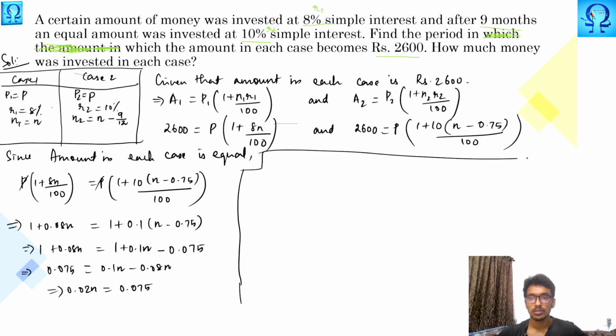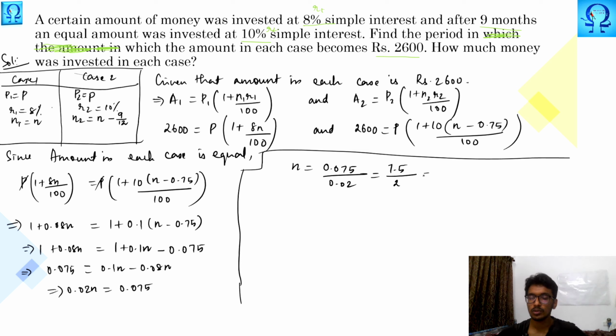Next, n is 0.075 upon 0.02. If we multiply, this would be 7.5 upon 2, I guess. Am I right? So this is 7.5 upon 2, which is 3.75. So 3.75 years is the n value.